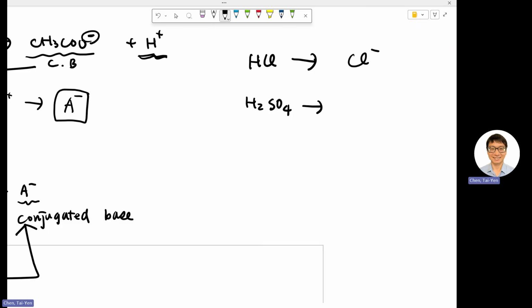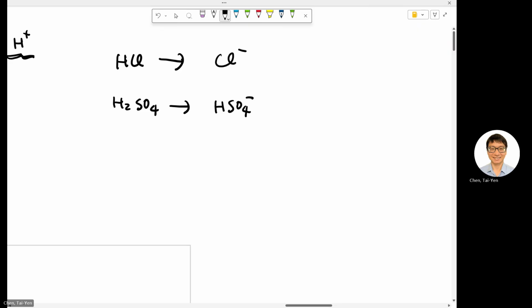Every time we say the conjugate base, you only throw away one H plus. Therefore, it will be HSO4 minus. How about the conjugate base of HSO4 minus? It will be SO4 2 minus.